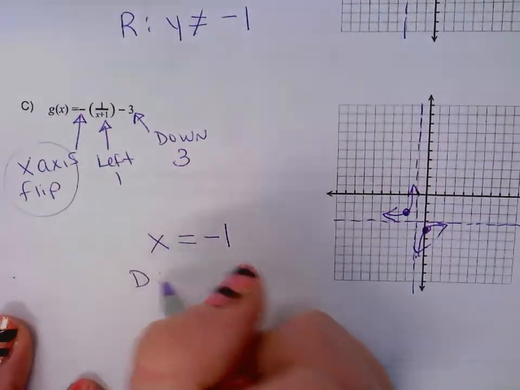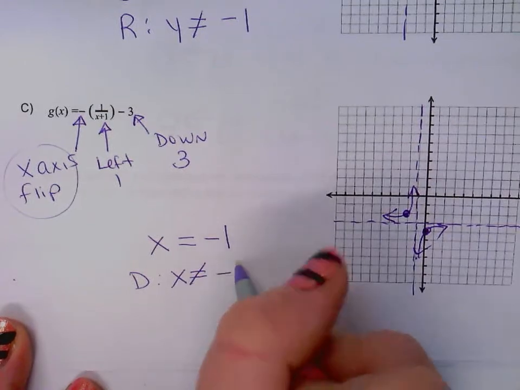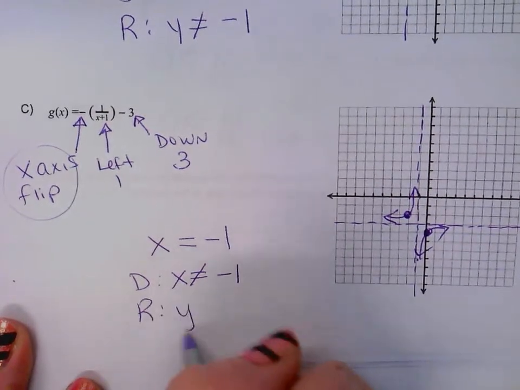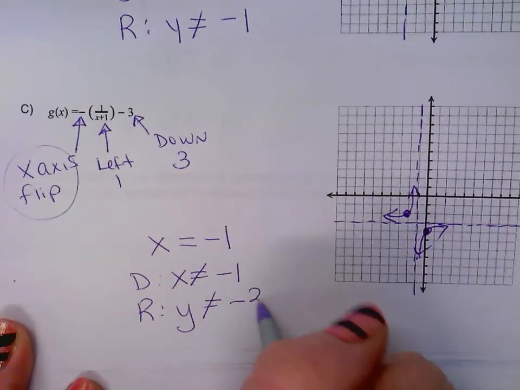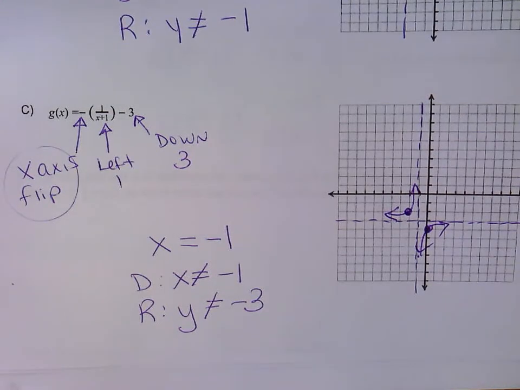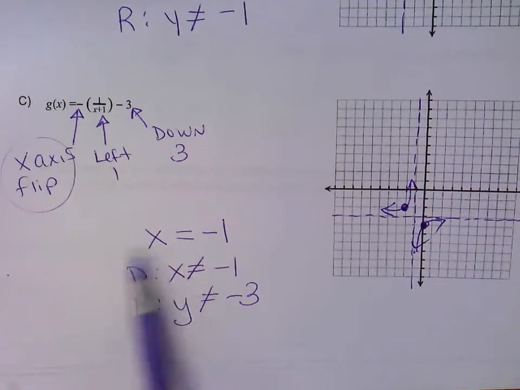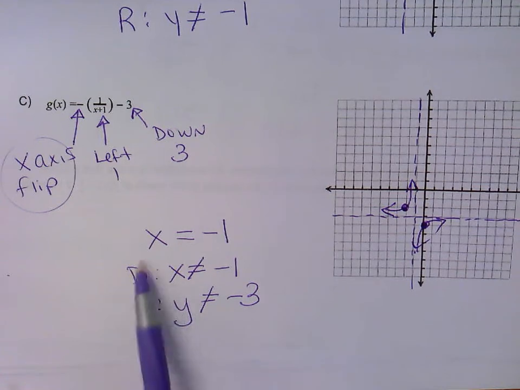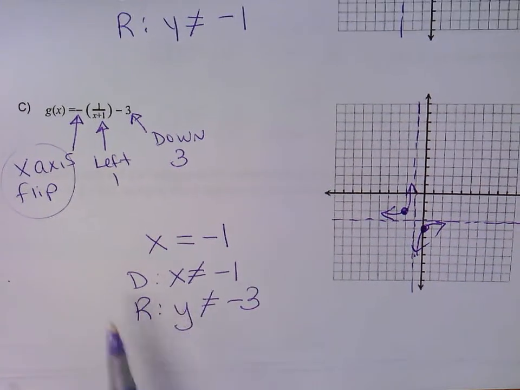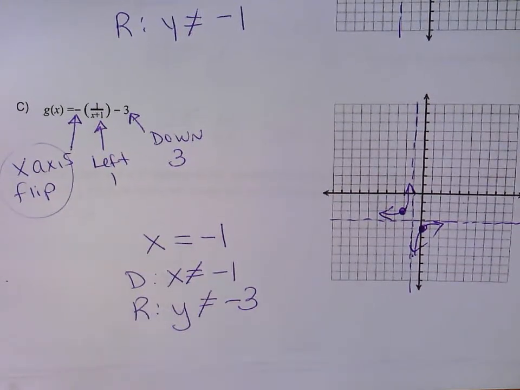My domain: x cannot be -1, and my range: y cannot be -3. Domain and range, x and y, some of you were flip-flopping those on the test, but it goes in alphabetical order, x, y, domain, range, so that you don't forget. So that is where I'm going to stop.